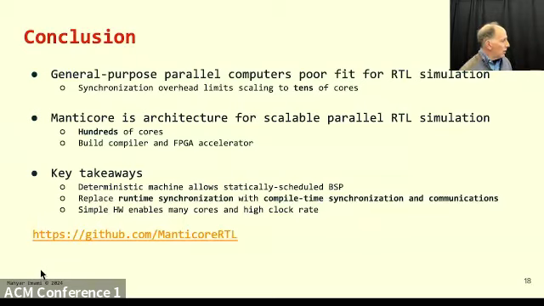And the simple hardware that you get from this, where the compiler does all the complexity, means that it runs very fast and you can put lots of cores and get lots of parallelism on a small die. All of the code and the details of the FPGA are available online.